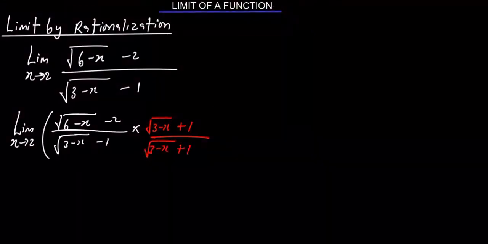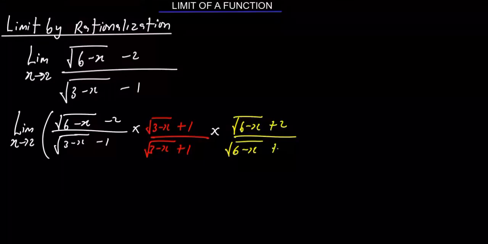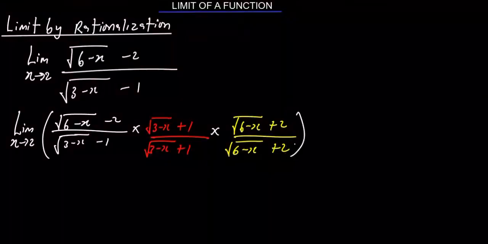Then I'll also multiply by the conjugate of this, which is square root of 6 minus x plus 2, over square root of 6 minus x plus 2. So this is what I have.